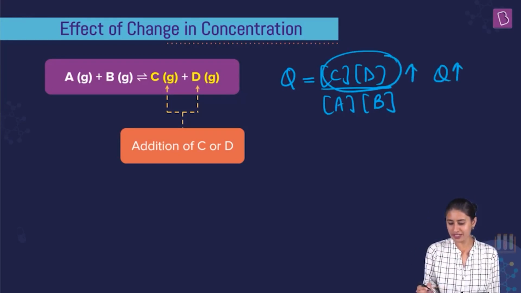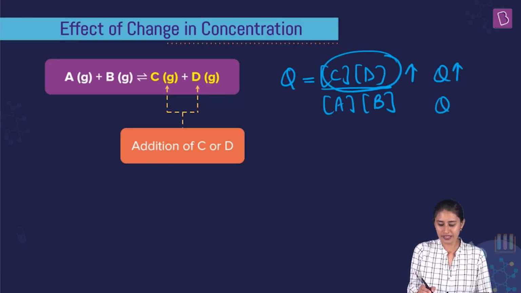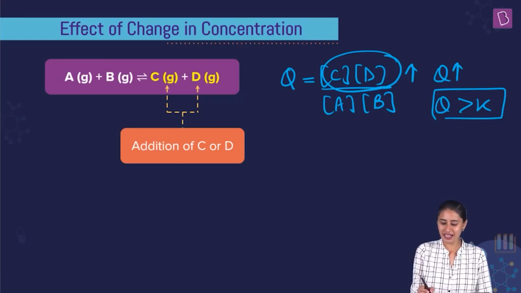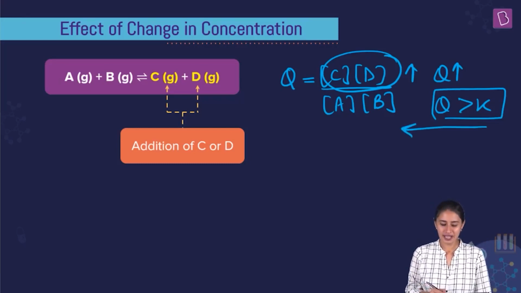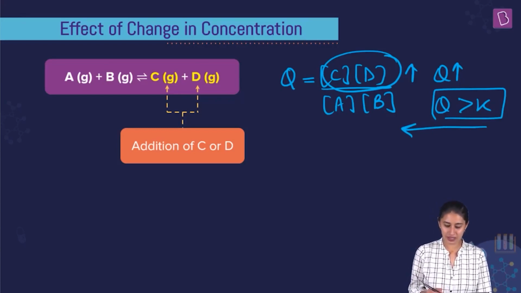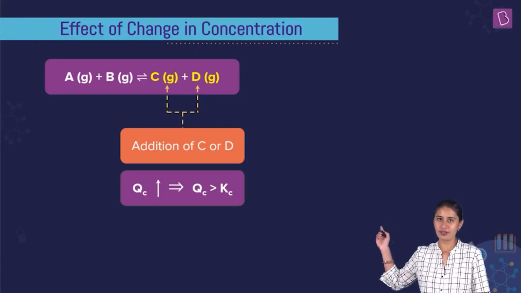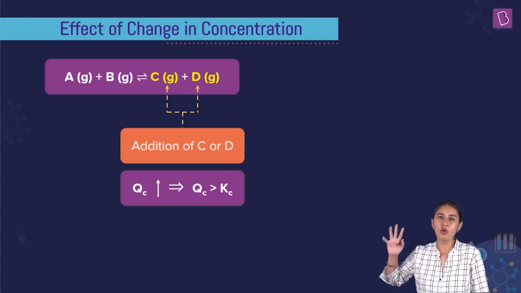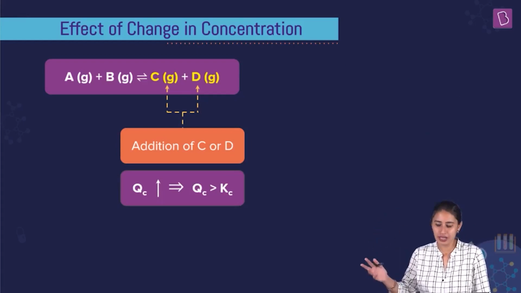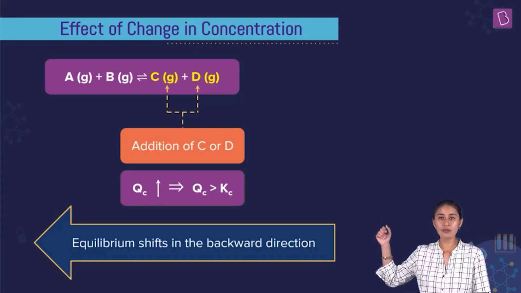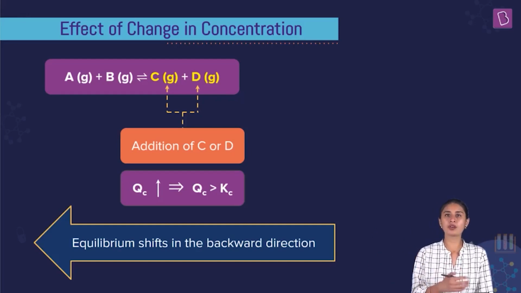That means Q is greater than K. In that case, the reaction goes backward. So now C and D will get consumed and the reaction goes backward because of more addition of product. We can say that equilibrium shifts in the backward direction.